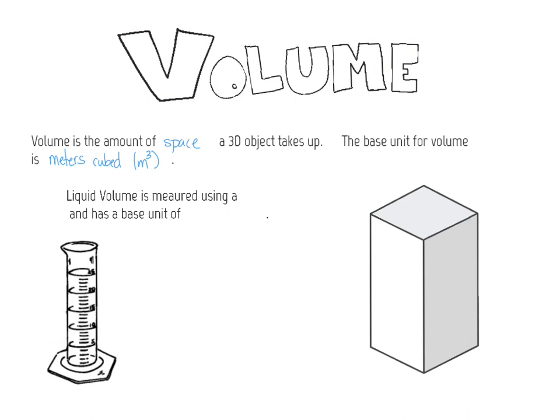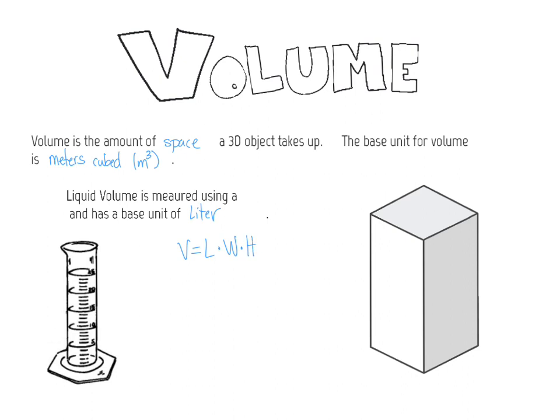We can also measure liquid volume, and that has a base unit of a liter. So if we're measuring liquids, that has a different unit than measuring something that is solid. Again, there's a formula for calculating volume. V equals length times width times height.